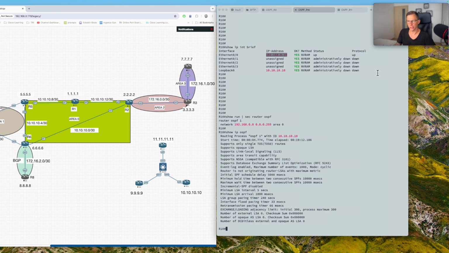I let the interface shut down and then I reset it. So that shows that the interface doesn't even have to be up for the OSPF process to use it as a router ID.